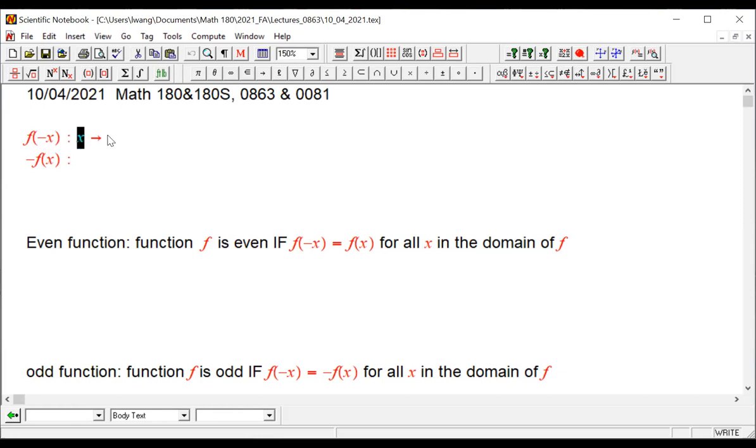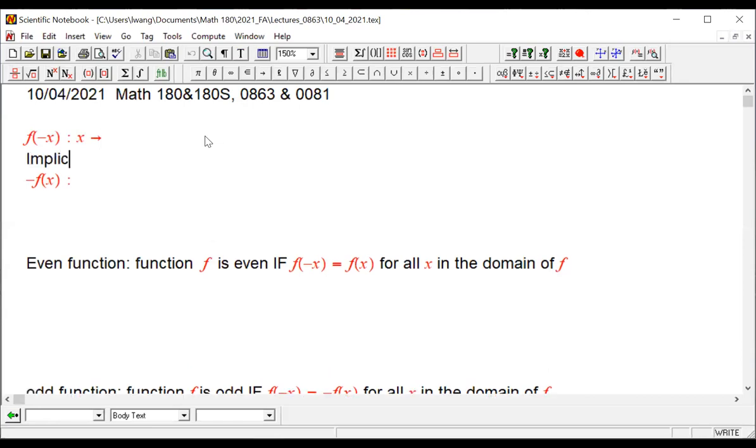But this also implies that if x is in the domain, negative x is also in the domain.